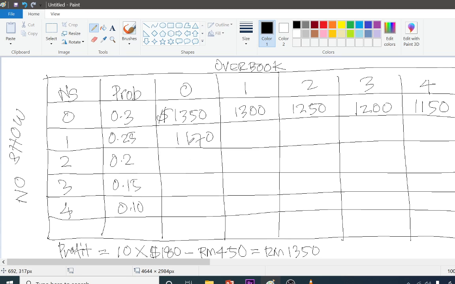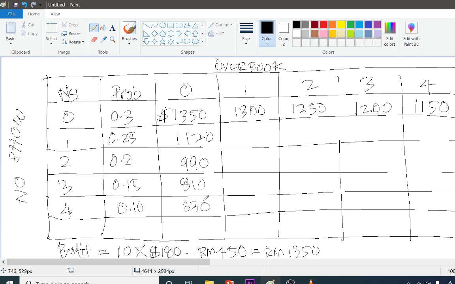Again, if 2 no-show, which is 180 multiplied by 2, then minus from 1350, this will become 990. And 3, the same, 180 multiplied by 3 minus from 1350, so you have 810. Then 4, same, 180 multiplied by 4, then 1350 deduction is 630.